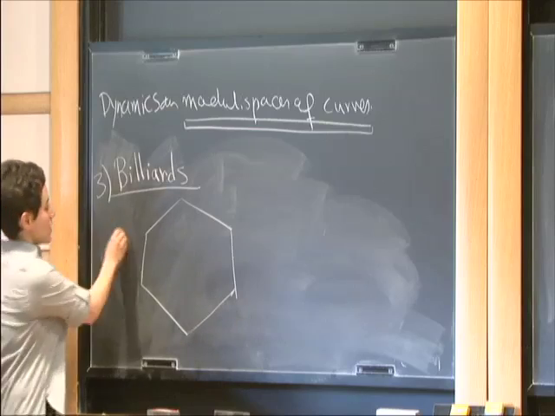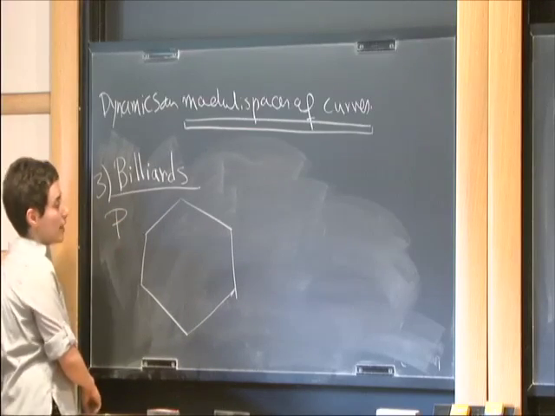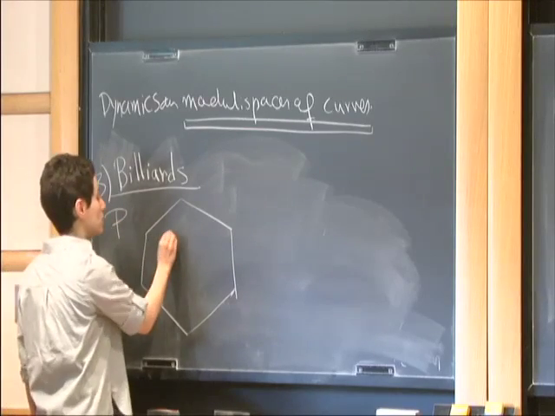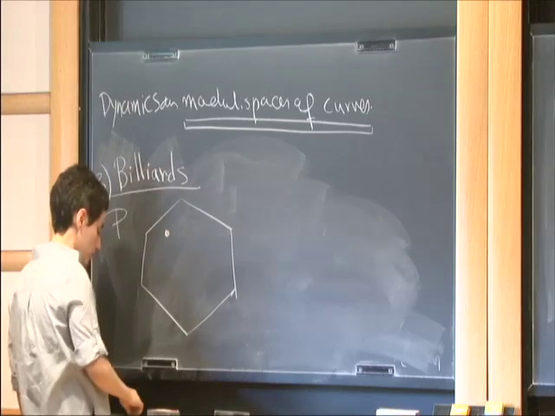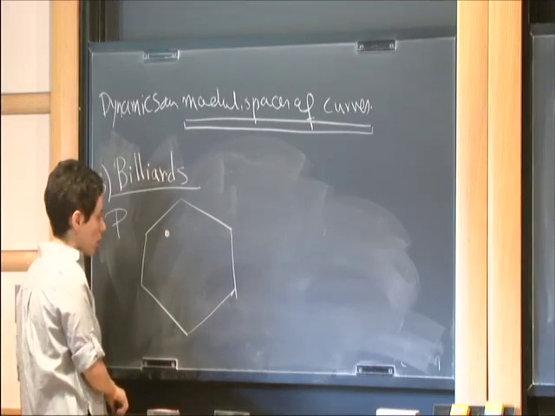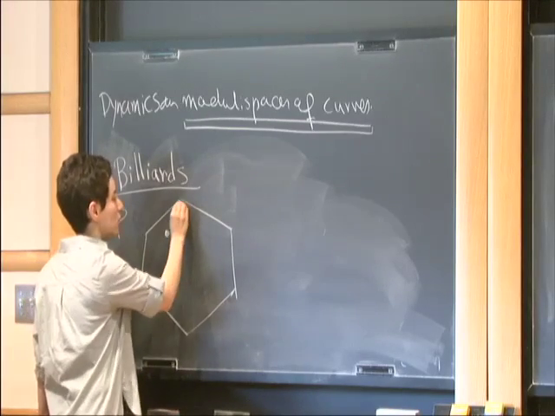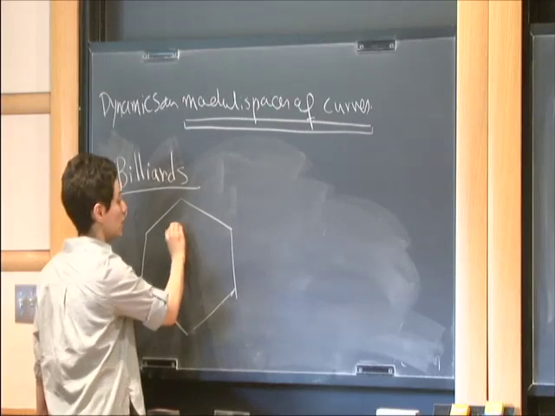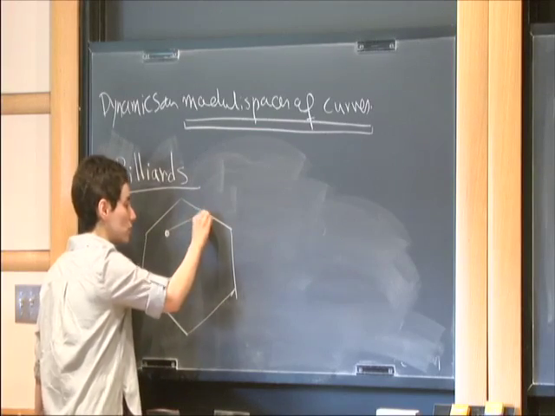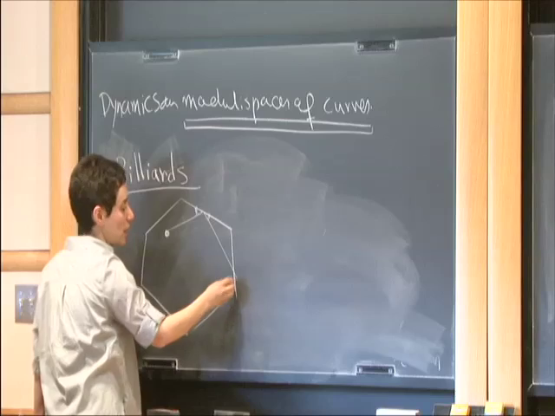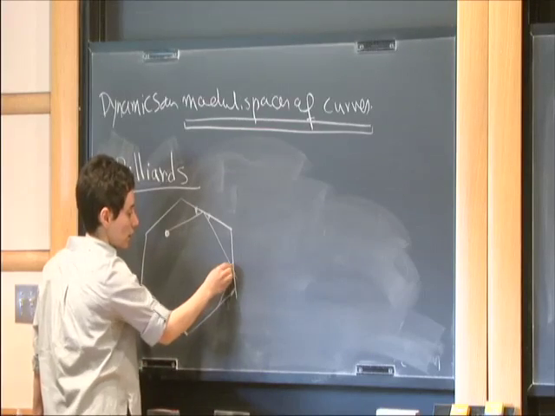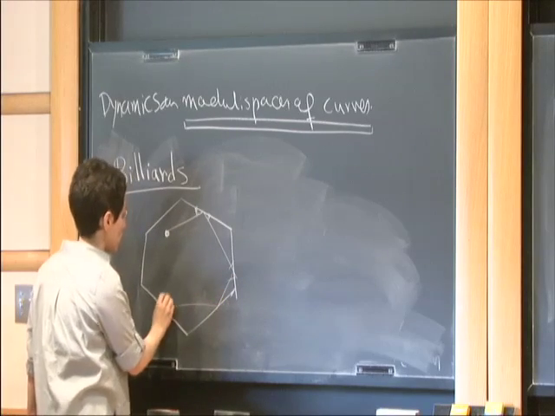But say you start with a polygon, and you're looking at the path of a ball bouncing off the edges of the billiard table. So this is your billiard, and it goes around. These angles are the same, and then it hits here, and the same, and it goes on and on.